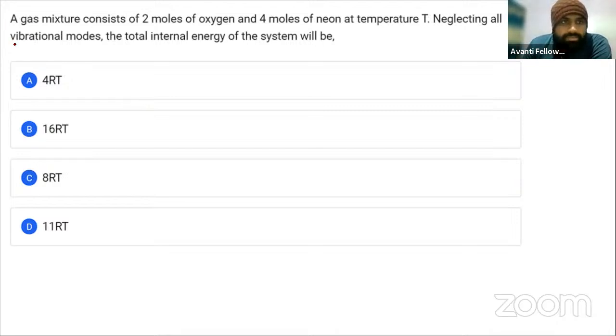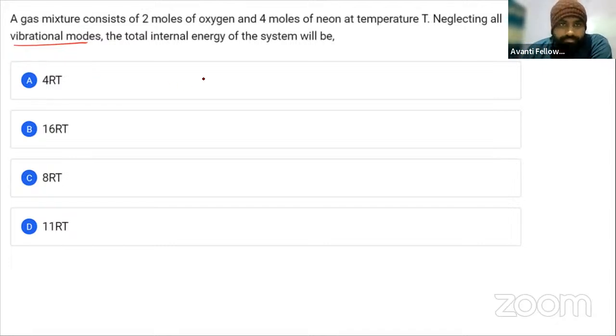If you neglect the vibrational mode, the only thing remaining is the 3 by 2 RT type of term. Due to vibration, two extra terms would come, the potential energy plus the kinetic energy due to vibration, but that will not come here. Only the internal energy without vibration will come.